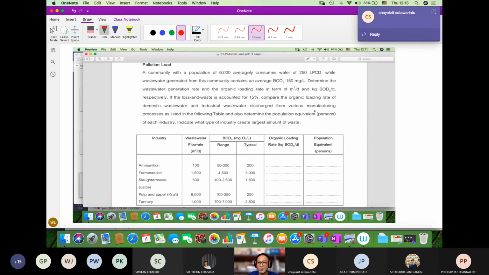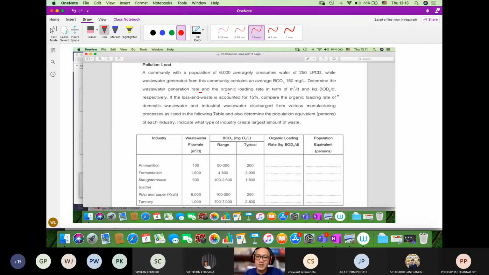Okay, now I am on the OneNote page. So for the first question you need to have a look here: wastewater generation rate and the organic loading rate.